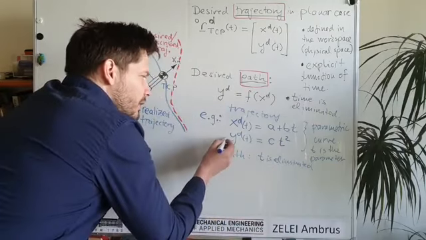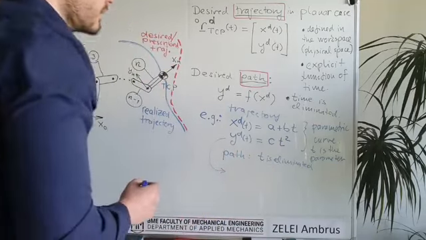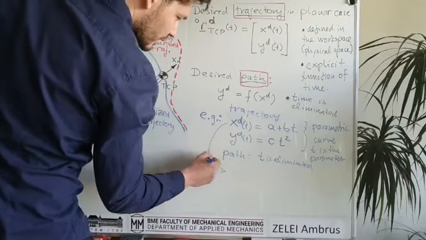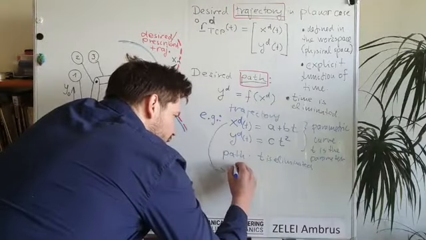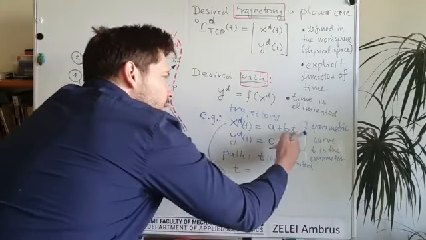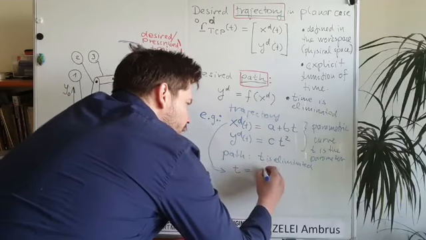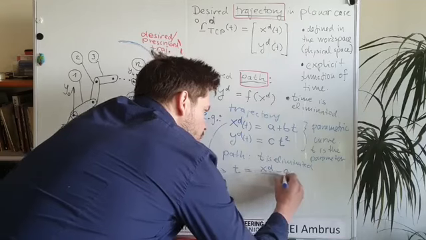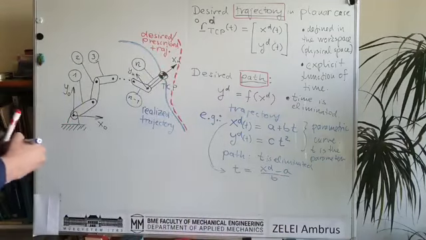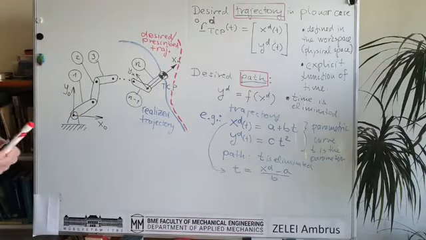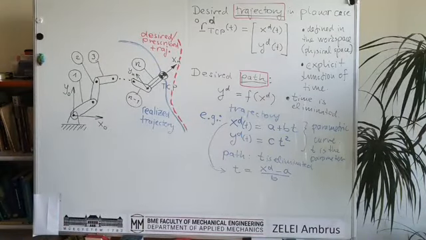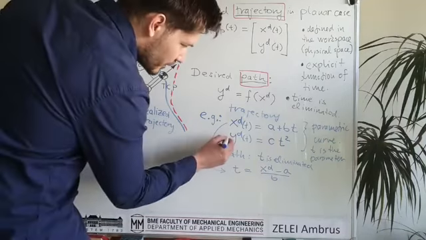So from the first equation we can say, or from the second one, it doesn't really matter actually, from the first we say that t is equal to x desired minus a over b. Okay, so t is just expressed from the first equation, and then we can put it into the second equation.